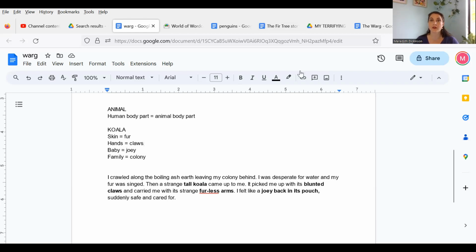So this koala is in a bushfire. It's managed to escape the fire. Now it's walking along the boiling hot earth, and a human has come to rescue it and take it to the vet and make it feel better. So the koala is seeing the human from its own perspective and understanding the human from its own perspective. So instead of being a baby in the human's arms, it's a joey in the pouch.